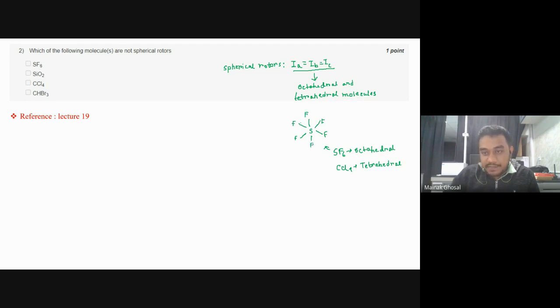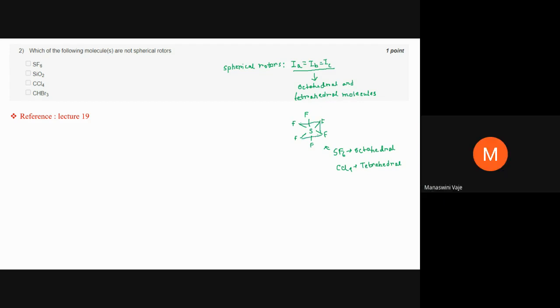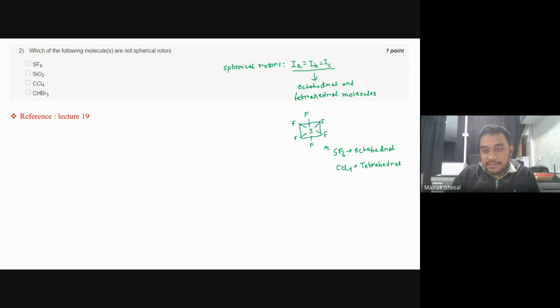SF6. Yes, so it is octahedral, right? And what I have said, since SF6 is an octahedral molecule, its moment of inertia in different directions will be equal. So it will be a spherical rotor.